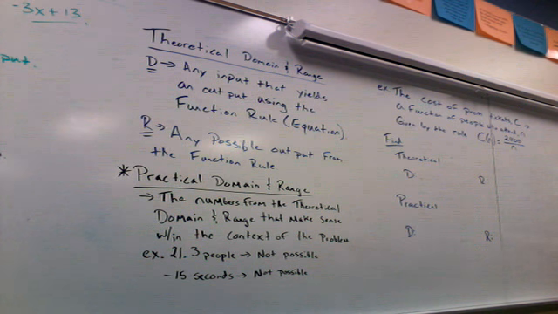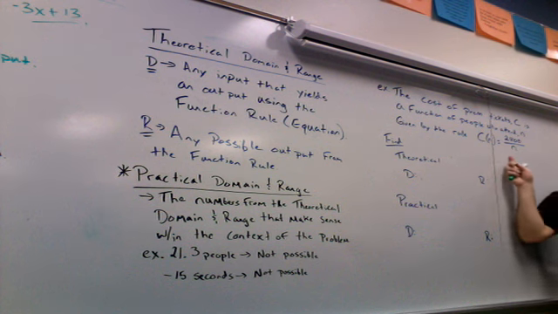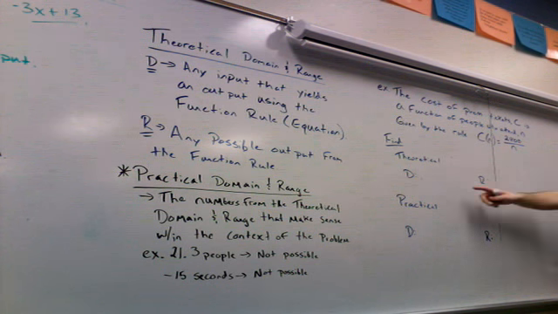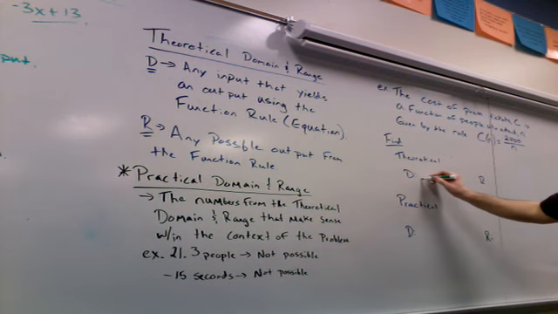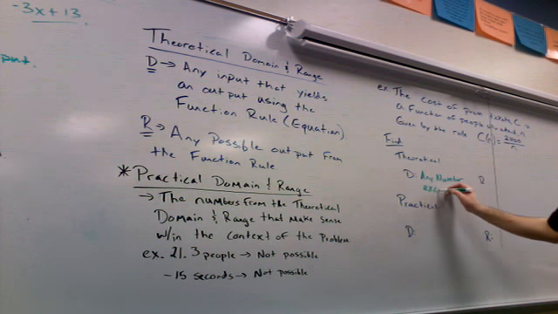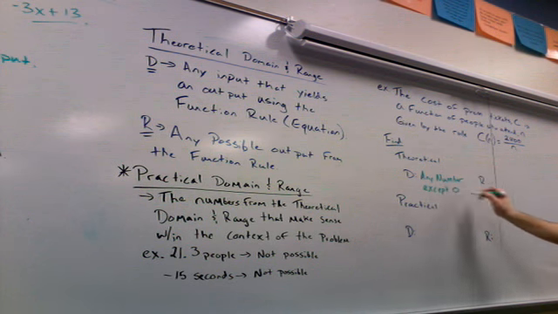We can plug in any number here except for 0. Because if I plug in 0, we get an error on our calculator, right? Divide by 0, error. So our theoretical domain then will be any number except 0.